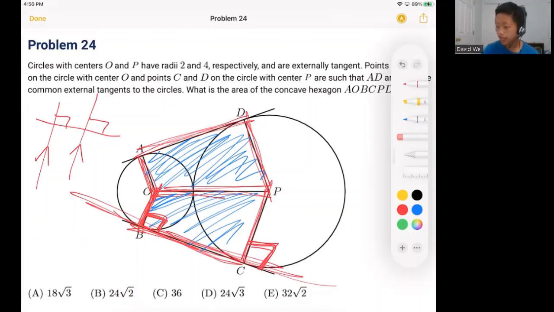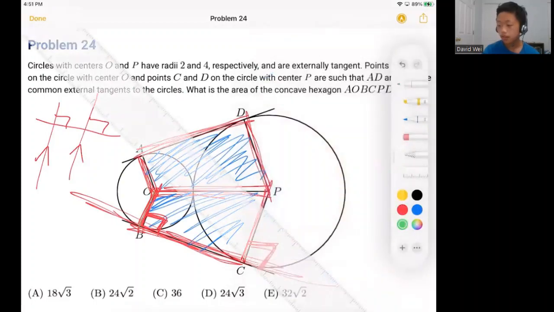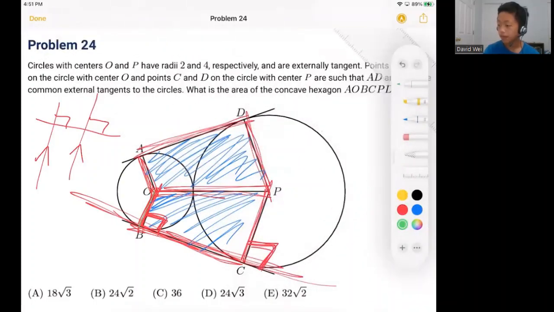So this essentially tells us that OA or OB, this green length, has to be parallel to this green length here. And similarly, this green length here has to be parallel to this green length here. So that's telling us that we have a trapezoid.